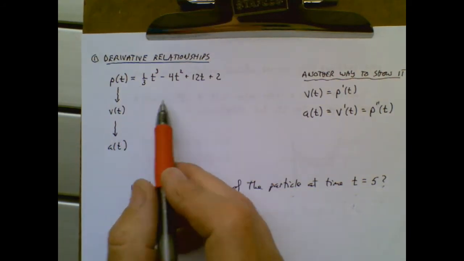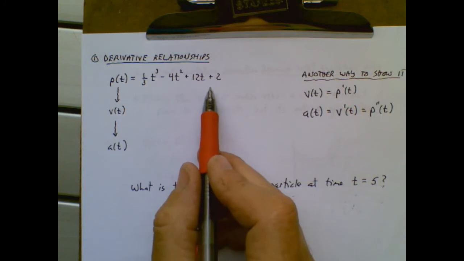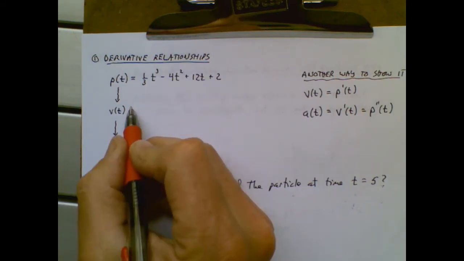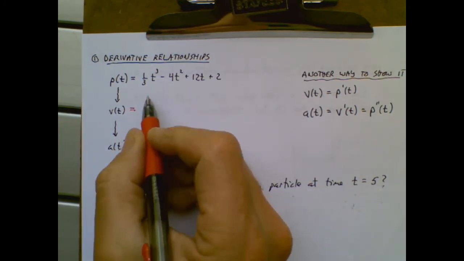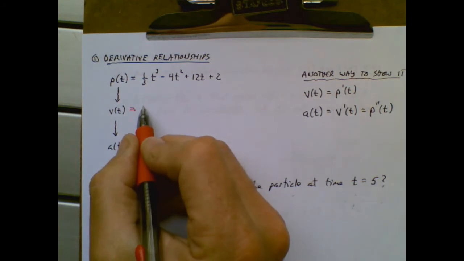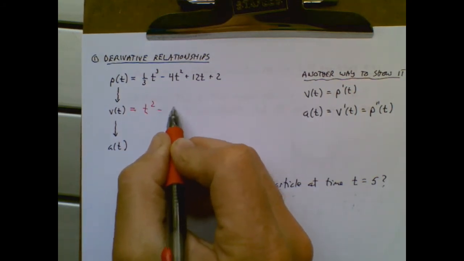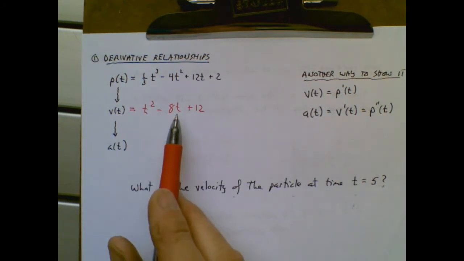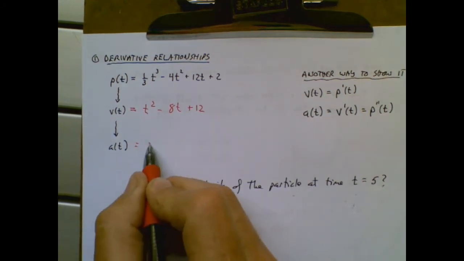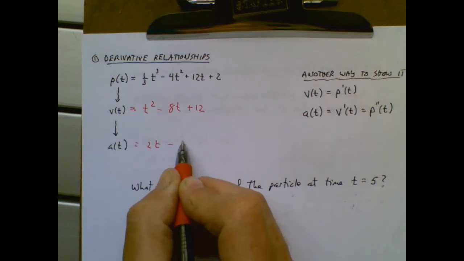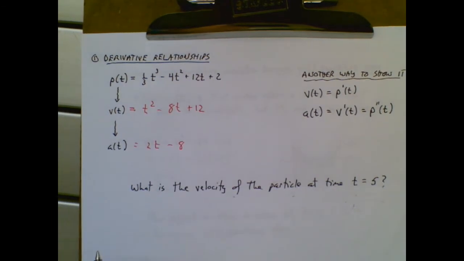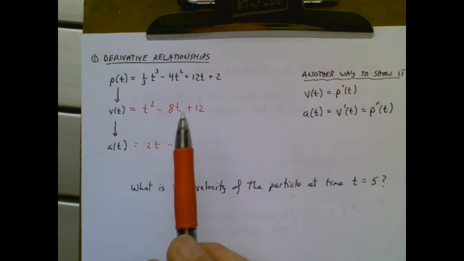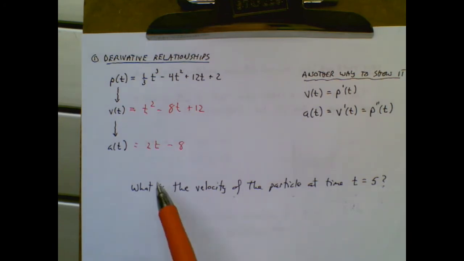If I have a position function, in this case it's a very friendly power rule problem, I can do the derivative and get the velocity function. And once I have a velocity function, I can do its derivative to get the acceleration function. So it's a very easy derivative relationship.